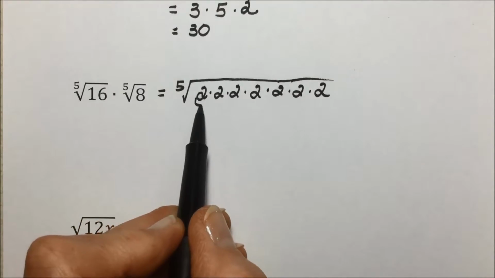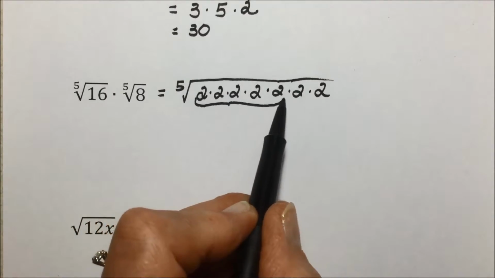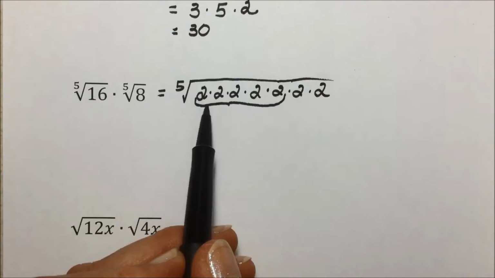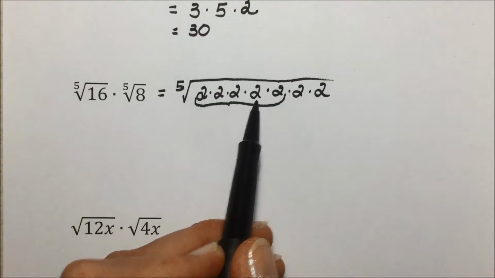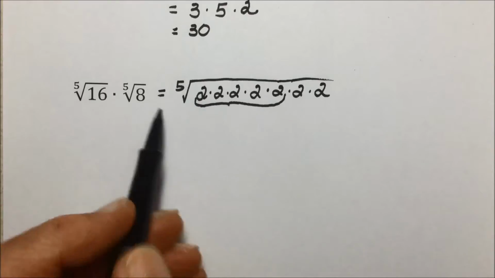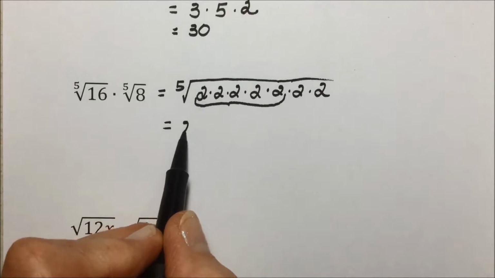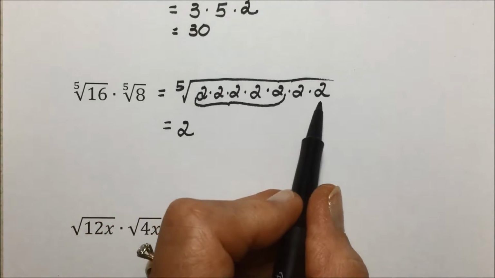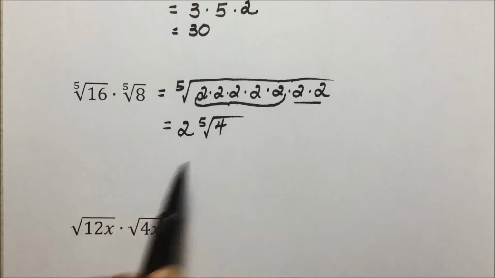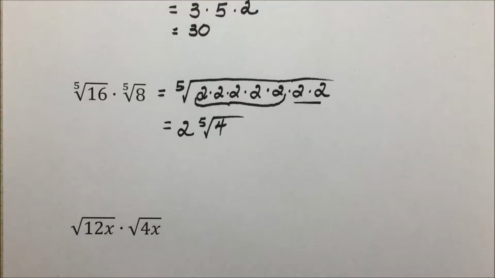We're looking for a group of 5 of one thing, and we do have a perfect power here, or fifth root. 2 to the fifth power is represented here, and the fifth root of 2 to the fifth power is a 2, and leaves a remaining 2 times 2, which we could multiply back together as 4.